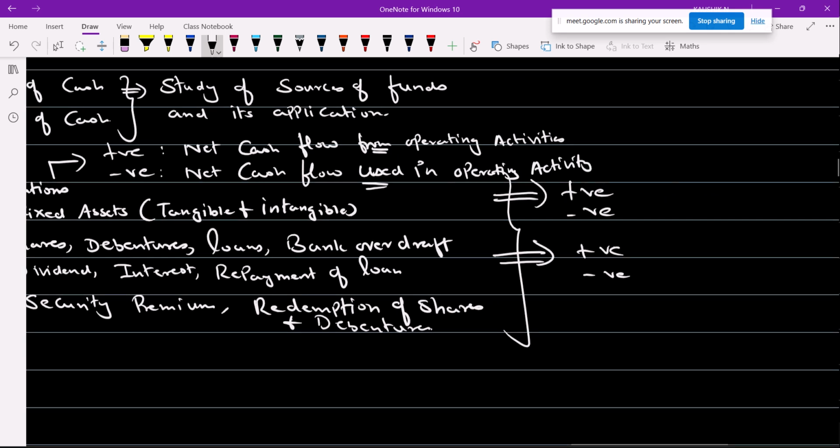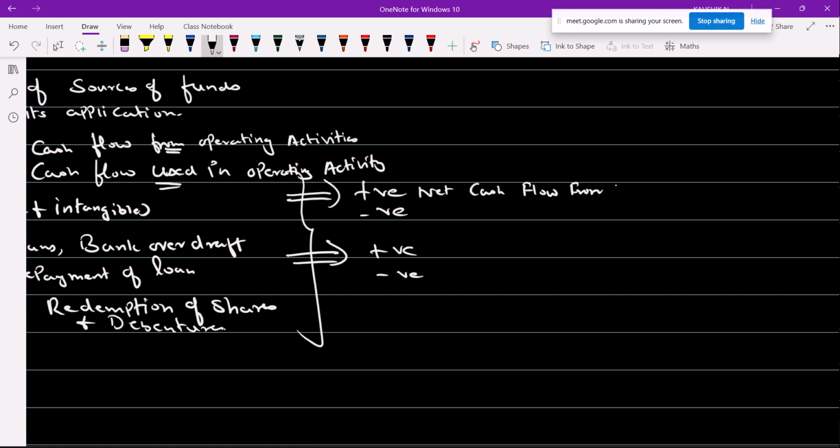In the same way, for a positive figure for investing activity, we'll say net cash flow from investing activity. If it's a negative value, we'll declare it as net cash flow used in investing activity.